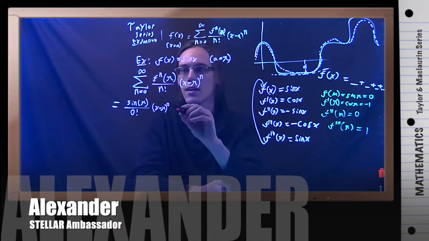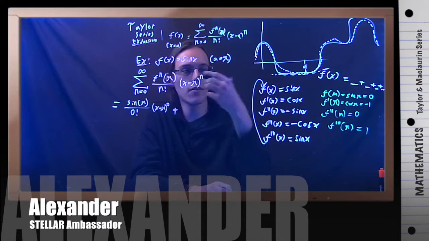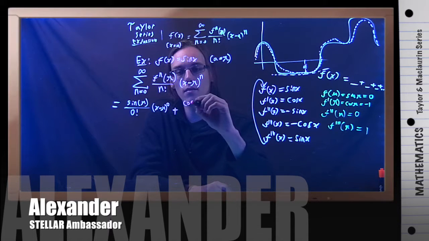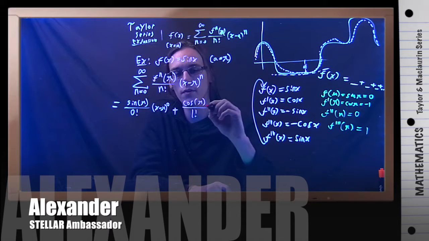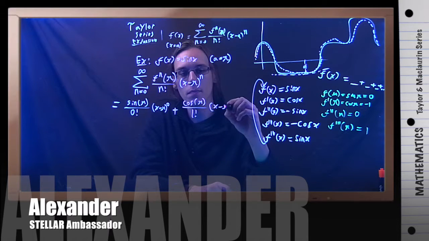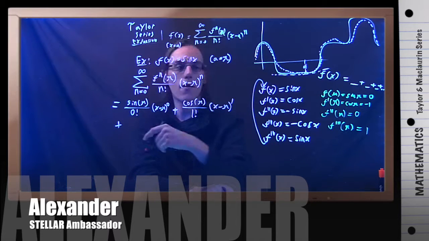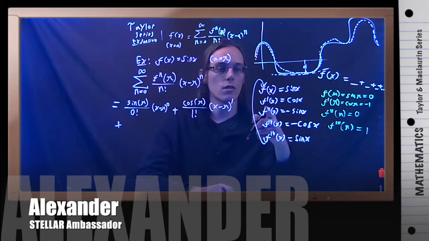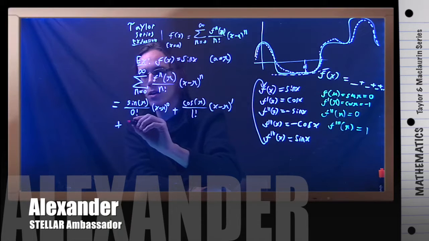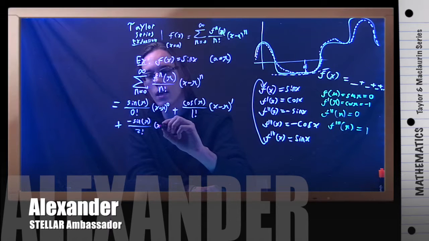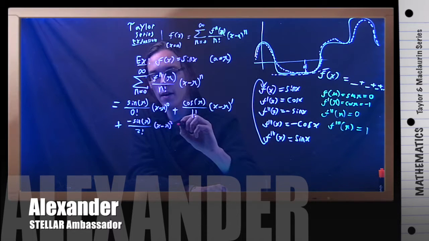Then I'm going to get plus, well now the first derivative, n equals 1, so that's cosine of pi over 1 factorial x minus pi to the 1. Now I have n equals 2, so the second derivative is negative sine. So this will be negative sine of pi over 2 factorial, x minus pi squared.